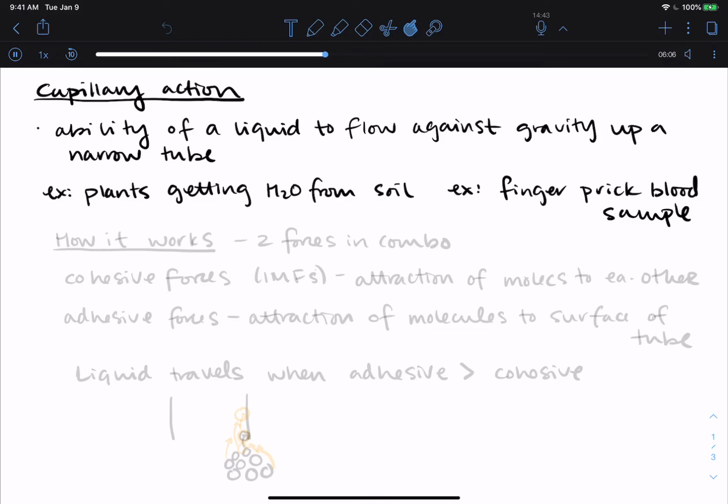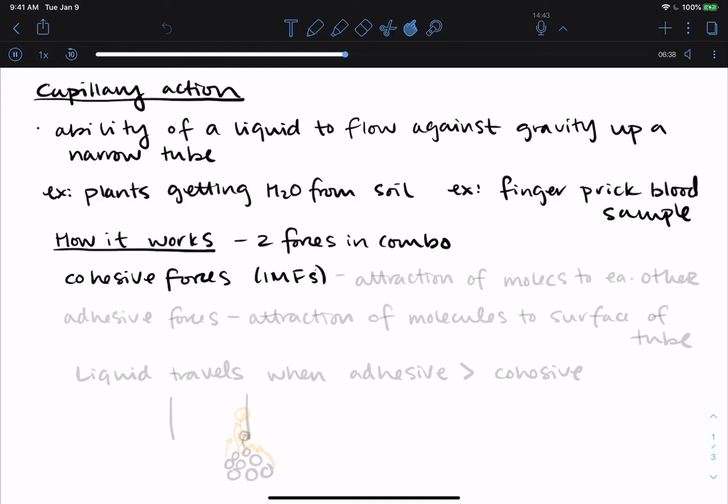So the way that this works, there are two forces in combination that allow a liquid to flow up a tube like that. So there are cohesive forces. These are the IMFs, right?